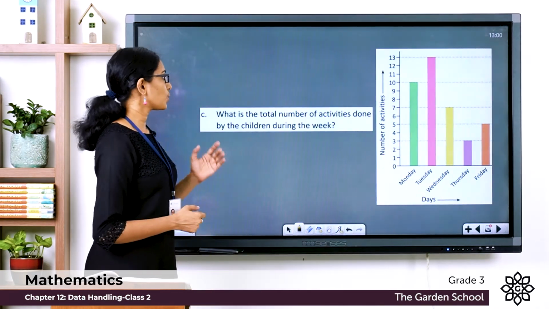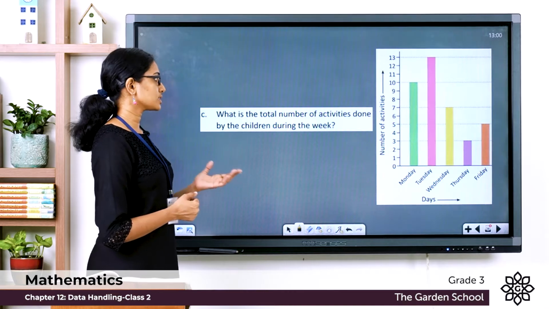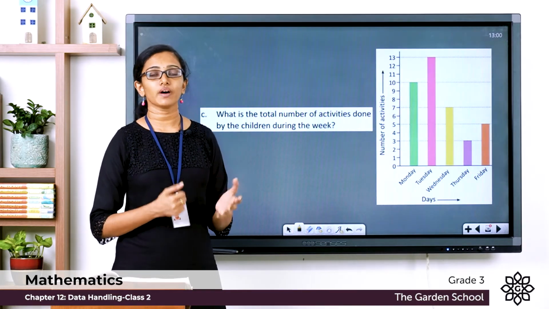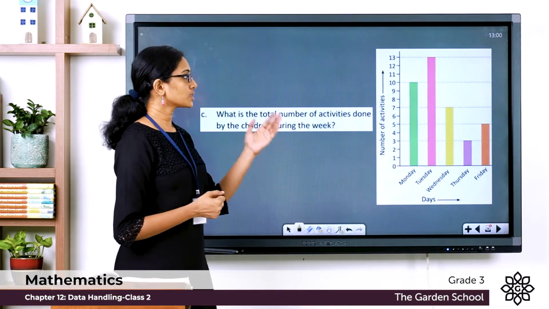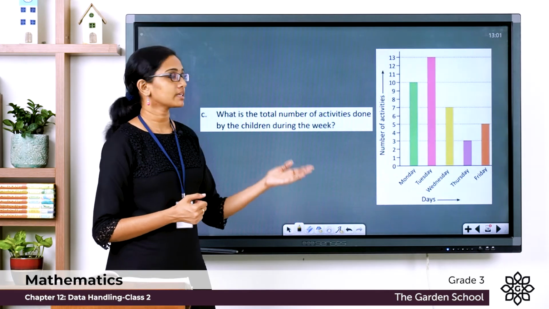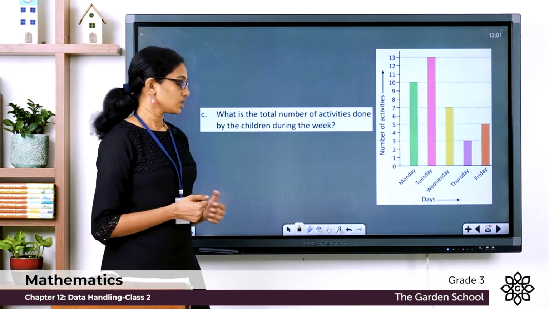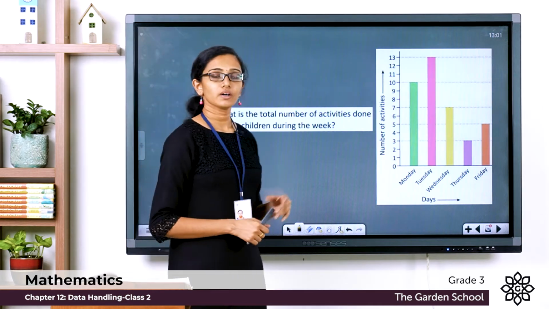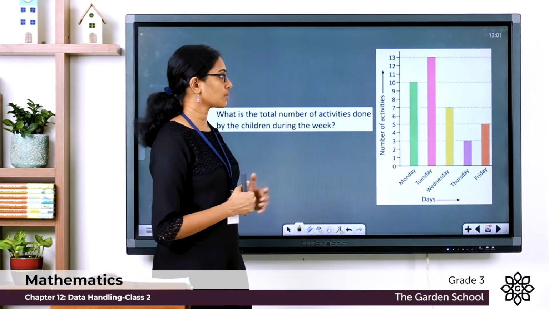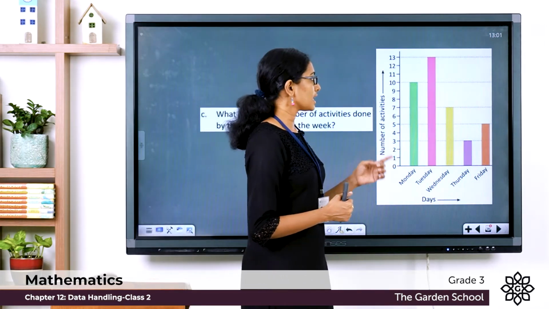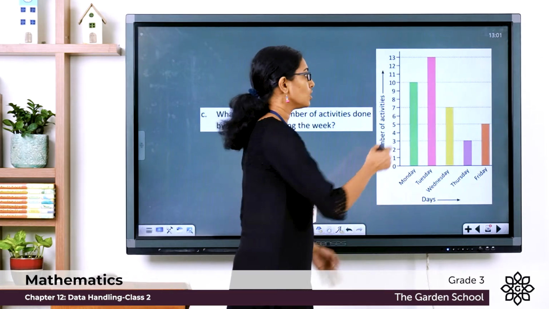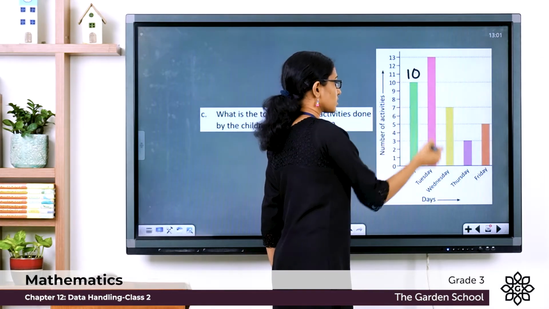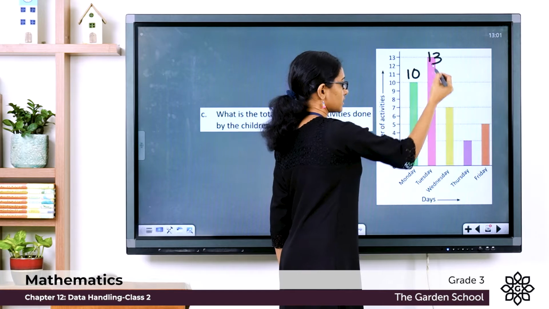Now the next one, what is the total number of activities done by the children during the week? How do we find it out? We need to find out the total number of activities done by the children in that week. So from the bar graph, let's see how we can find it. On Monday, they did 10 activities. Tuesday, they did 13 activities.